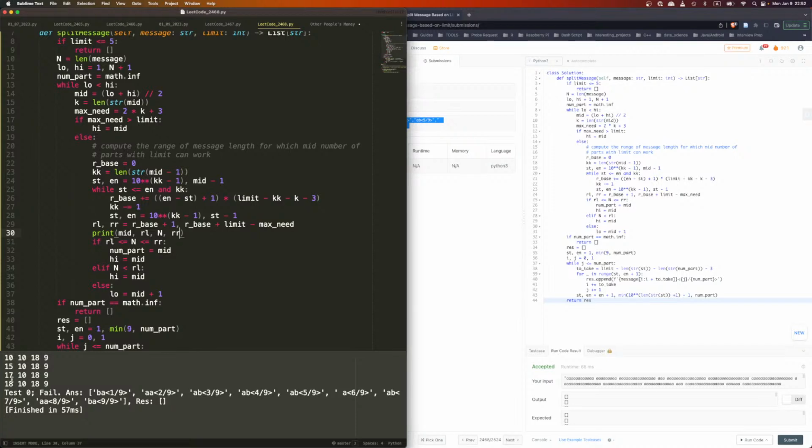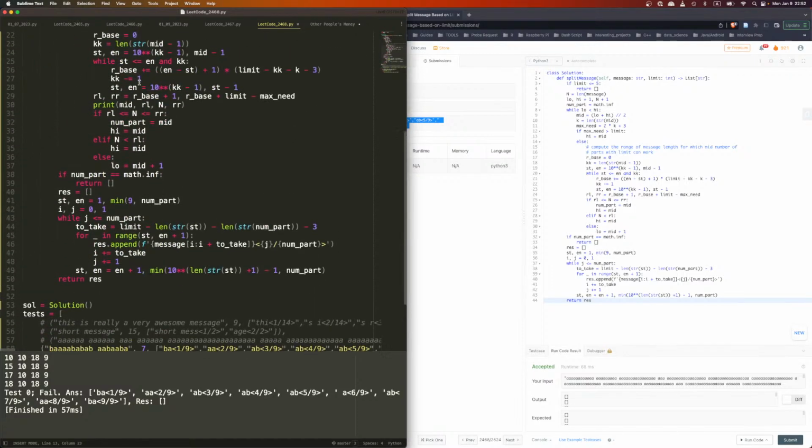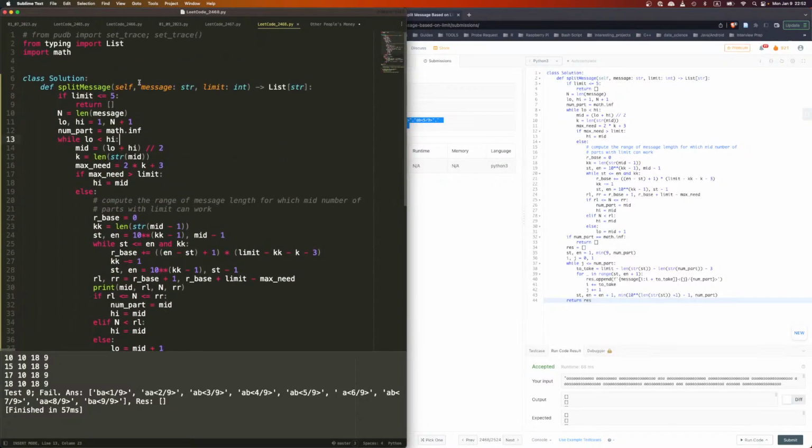Ooh, I have a bigger issue here. How? Max needs? What's the limit is 7. It should be fine.